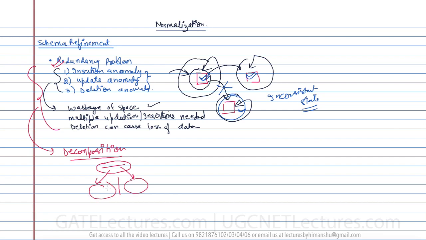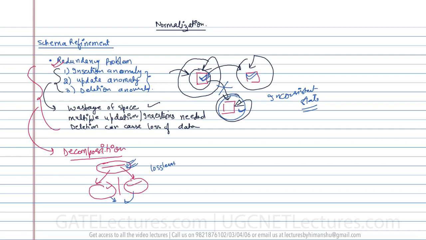But if you divide this table into multiple tables, you want to preserve all the information which was stored here, plus you want this decomposition to be lossless. Lossless means if you combine them again, you do not want any extra item or extra information which is not present in the original data. So this is the case which we have to take care of while decomposing these tables.